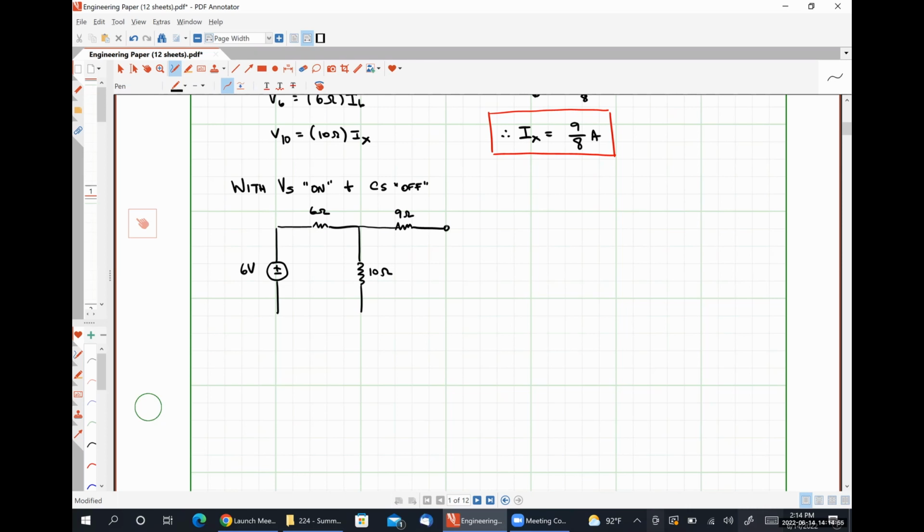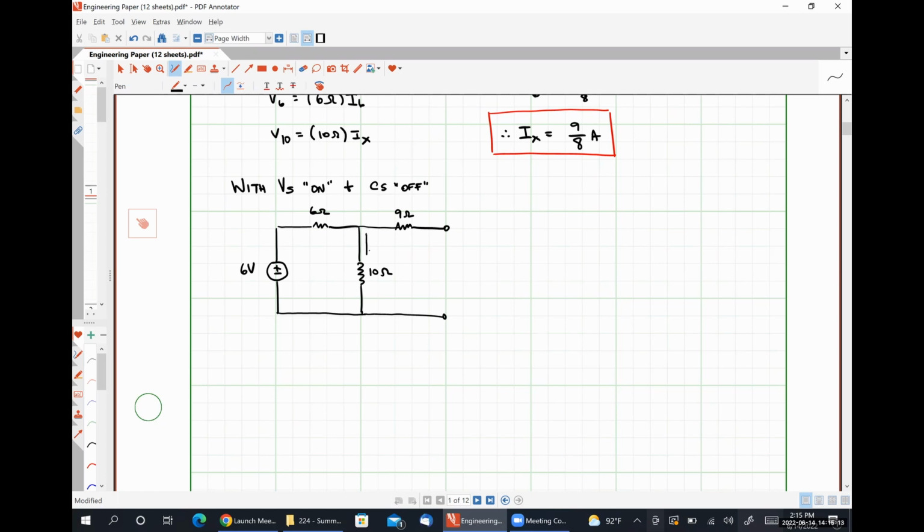The reason why we do this is because we want our off current source to supply 0 amps of current, and we know that no current or 0 amps of current can flow through an open circuit.